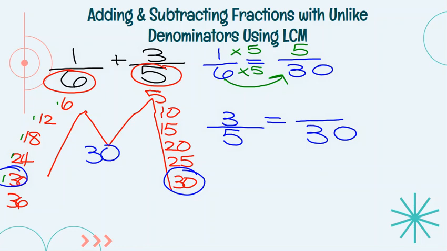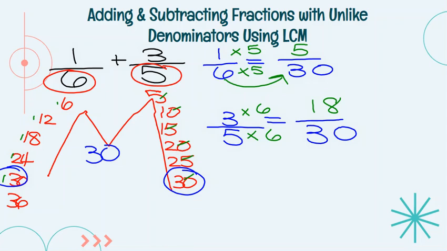Now I have to convert my 3/5 to 30ths too, and I can use the same trick. I can say 1, 2, 3, 4, 5, 6, so times 6. And at the top, times 6, 3 times 6 is 18. So now I have two brand new fractions to work with that I can add together with my like denominator.